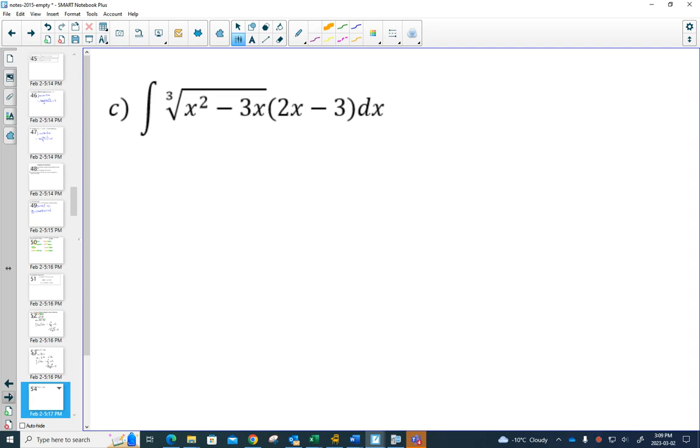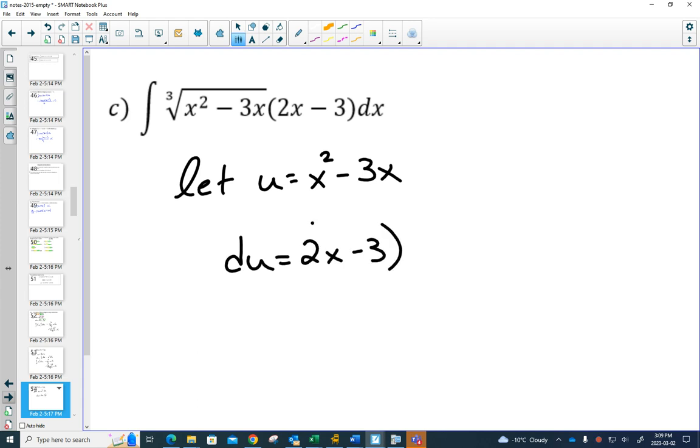All right, I'll check this first one. Let u equal the inside function, and the derivative will be 2x minus 3 dx. And we can rewrite this as u to the 1/3 du.